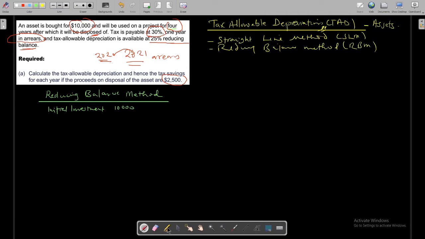Let me leave some space here. We are going to look at the dollar amount, the tax savings, and the timing of cash flows.